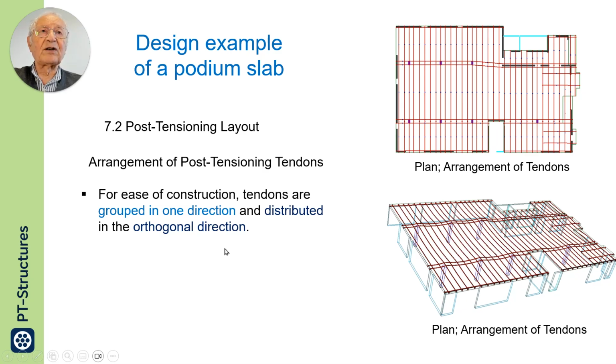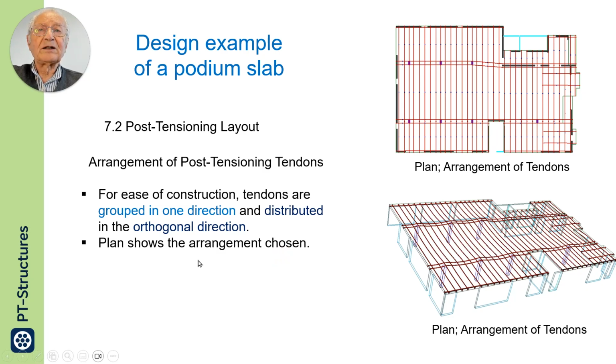Other arrangements are also permitted, but this arrangement is often used because of ease of construction, not because of performance. All of them perform essentially the same, meeting the requirements of the code.